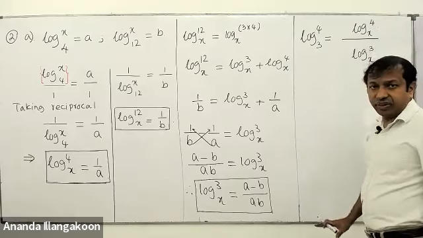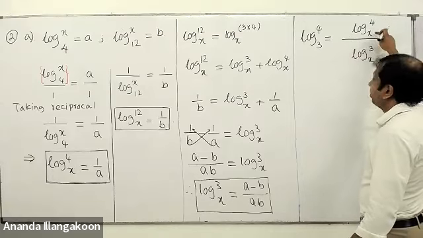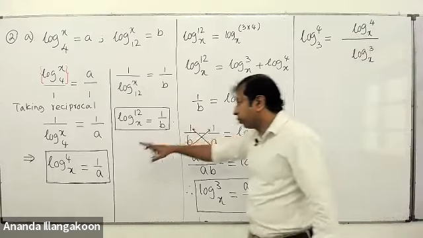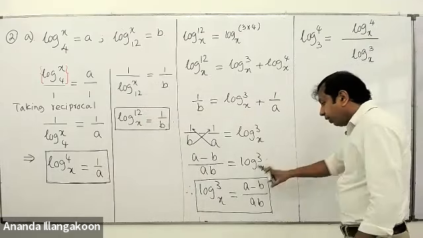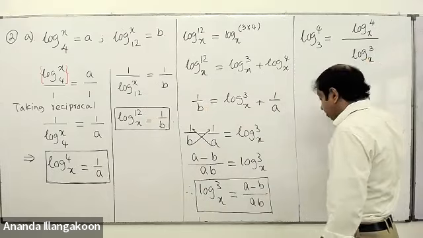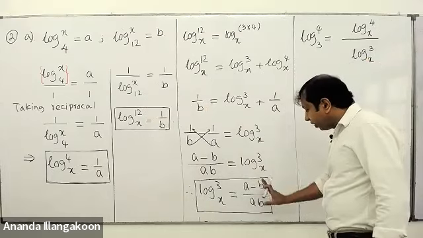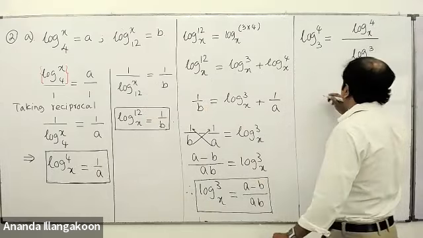Understand? Now here we have log 4 to the base 6. Log 4 to the base 6 is 1 over a. That we can put here. Here, log 3 to the base 6, this one. Then that answer and this answer we can put here and here respectively.